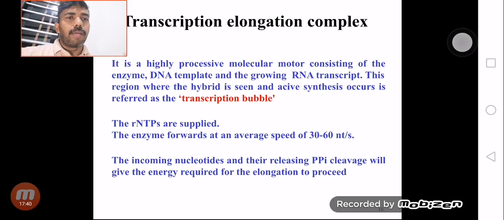There will be a bulging of the duplex. Hence it is called a transcription bubble. And all the other things we already discussed. And about the energy requirement, the incoming nucleotides and the pyrophosphates which are released undergo a cleavage in order to supply the energy for the elongation process.